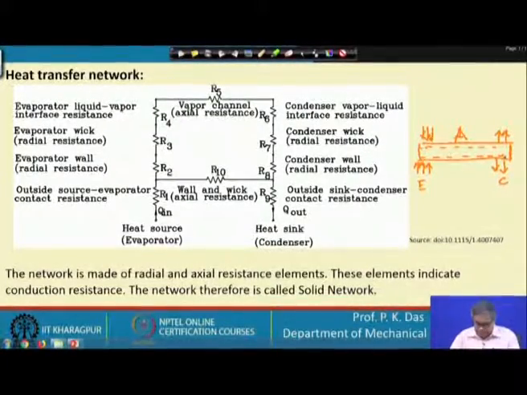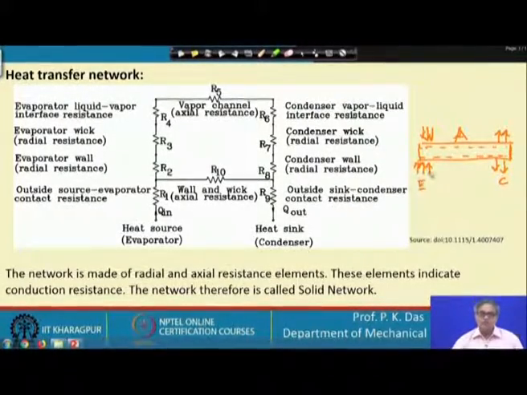With this, if we try to see, here you see the heat source or evaporator. Basically, I am at this point, and then there will be some sort of a resistance, and then the heat will enter into the heat pipe.